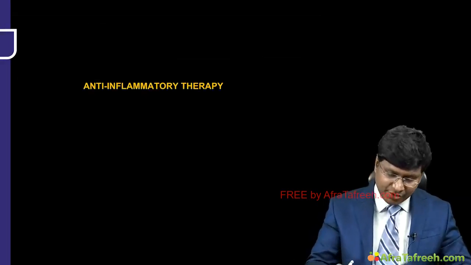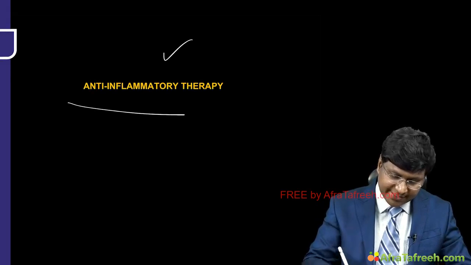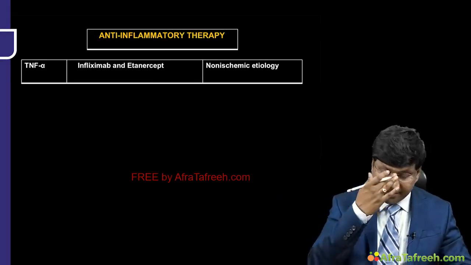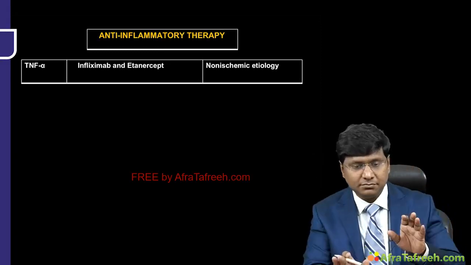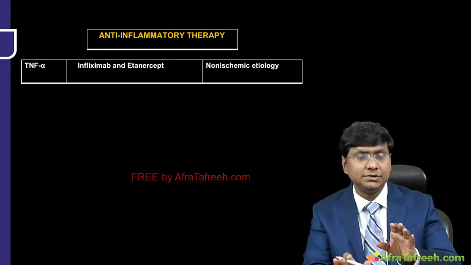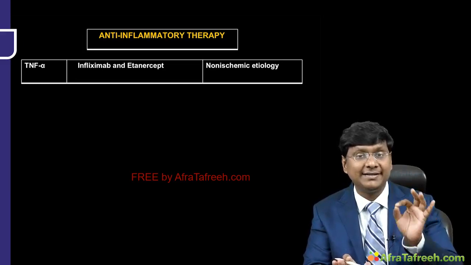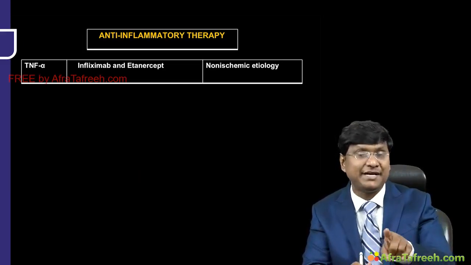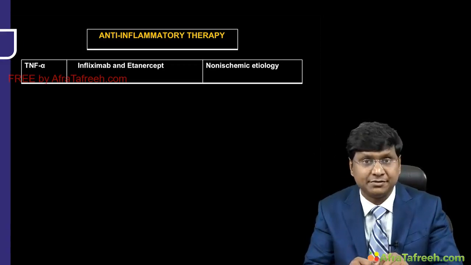Then coming to another group of drugs, that is the anti-inflammatory therapy. Here we have some drugs which target the inflammatory cytokines, because the cytokines are also one of the things that can precipitate heart failure with reduced ejection fraction.